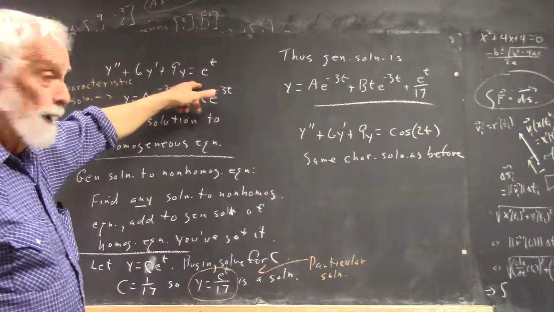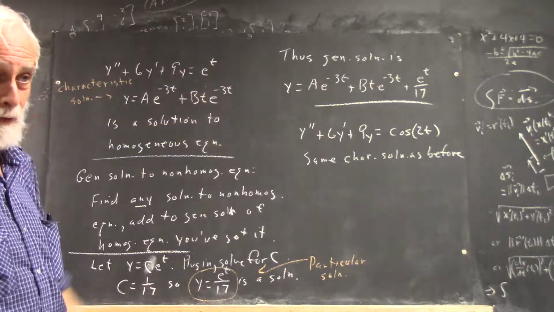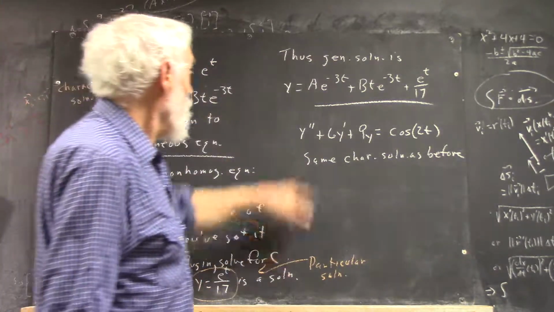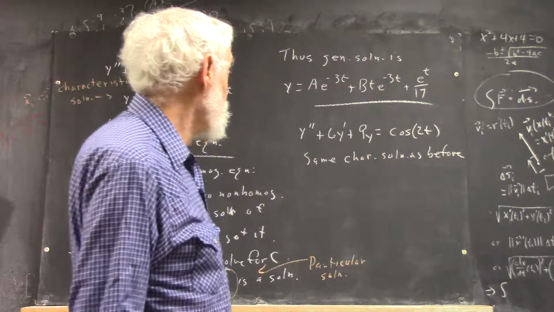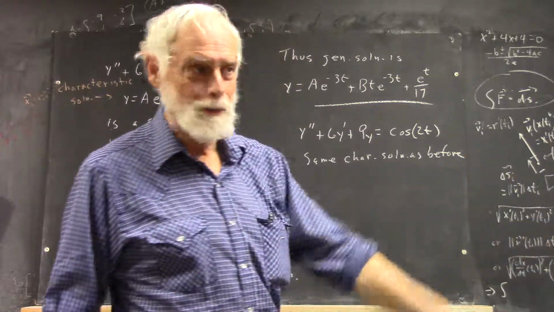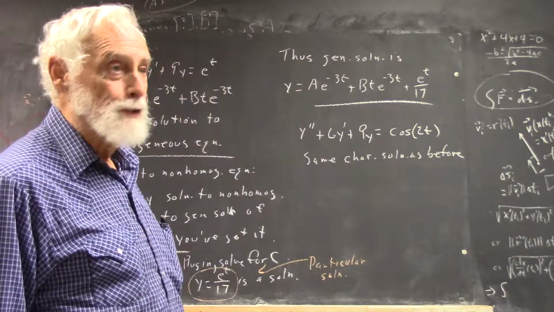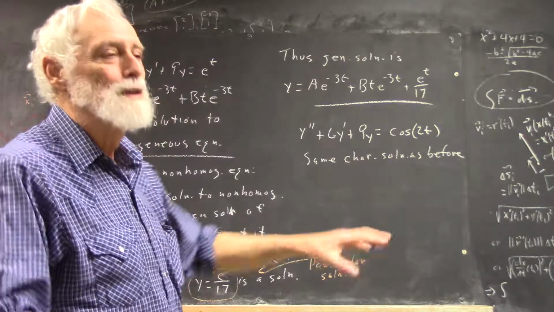C e to the t has to equal e to the t, so c has to be 1/17. Okay, we add that, and we get our general solution. Now I haven't proven that there's no other solution, but it just goes by basic. If there's another one, it's the same. We'll deal with that next time.